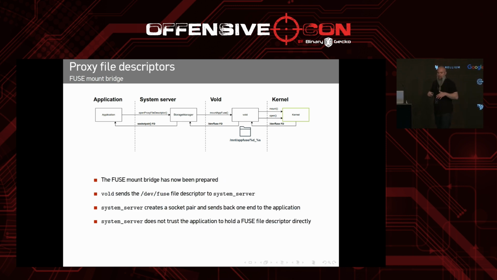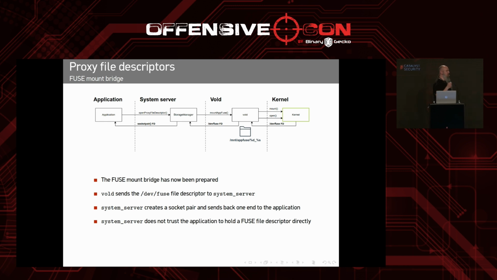Now, this step completes the preparation of the fuse mount bridge, as it is termed in the Android internals. And what happens next is that the /dev/fuse file descriptor that was used to create the fuse mount point is sent back to the system server. Now, the system server does not trust the application.